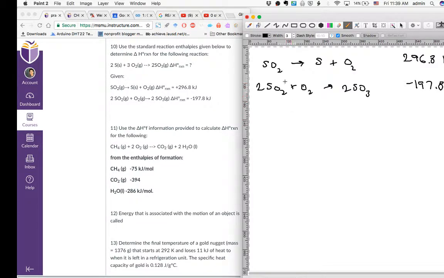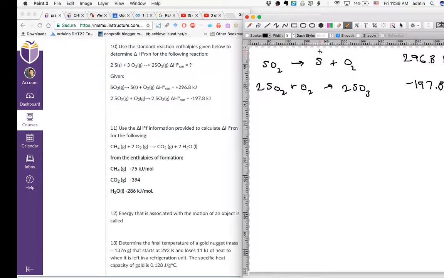All right. Now, I'm going to make this equation from these two equations. Every time I adjust these two equations to fit this equation, I'm going to make that same adjustment to its enthalpy. So there are two S's in the reactants here.